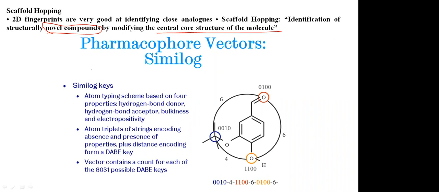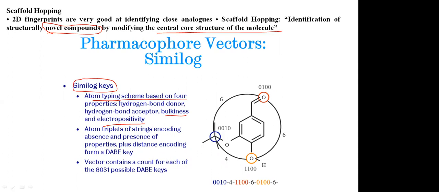You can see one of the Smilog keys here. In these Smilog keys, the pharmacophore vectors are defined in the form of keys. Atom typing is done for properties like hydrogen bond donor, hydrogen bond acceptor, bulkiness or heaviness, and electropositivity, and all these are given as DAP keys.